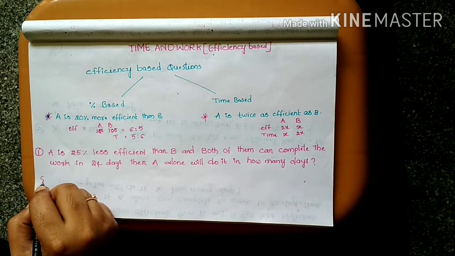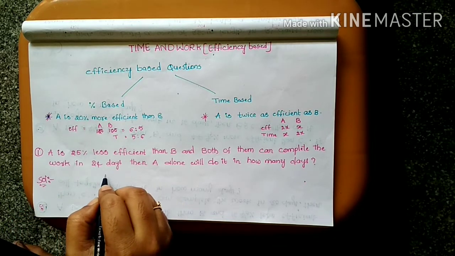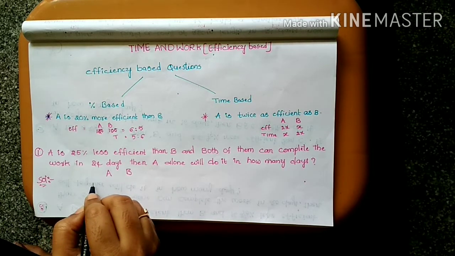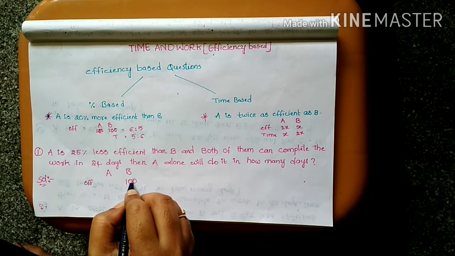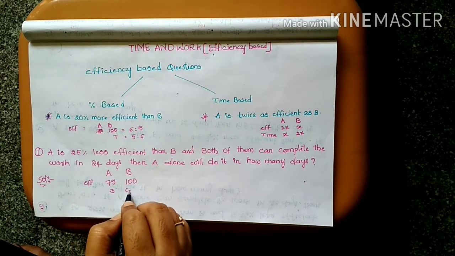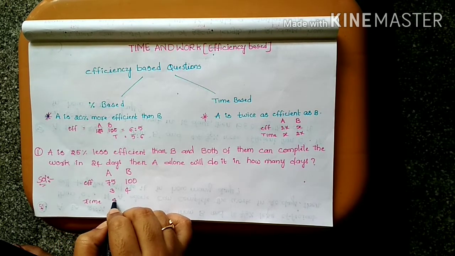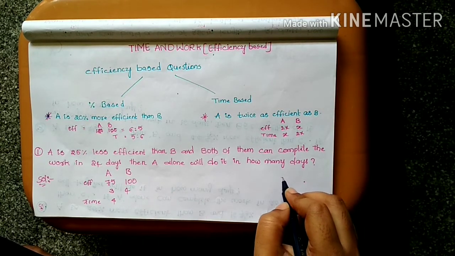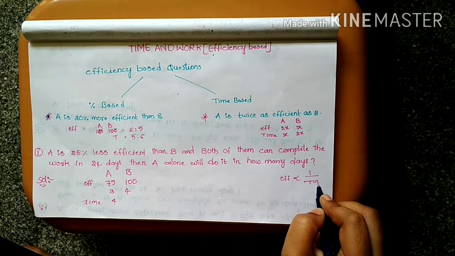Solution. Suppose A, B. In efficiency, B is 100, A is 75. 3 is to 4. In time, efficiency is inversely proportional to time.